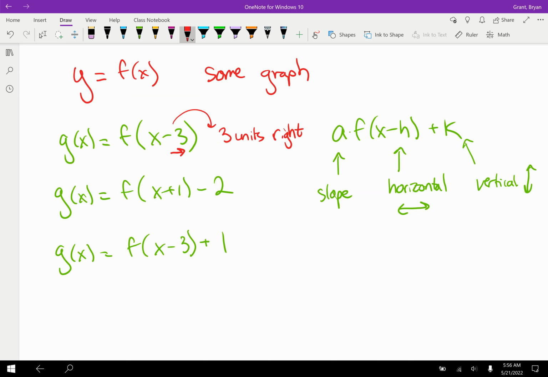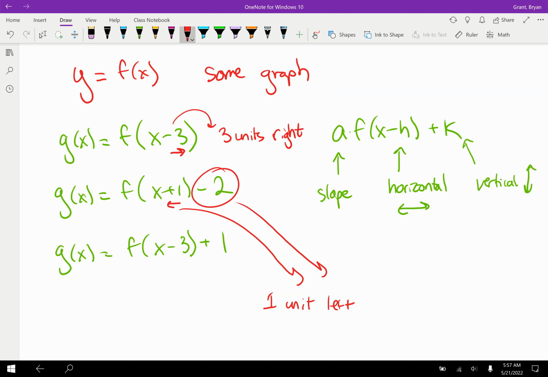These next two have two different transformations, and so we need to identify both of them. The opposite of positive 1 is negative 1, so we would say 1 unit. Instead of to the right, we think of a minus, so it's 1 unit left, because this positive 1 would move us left.